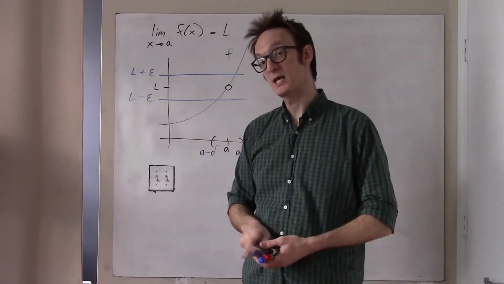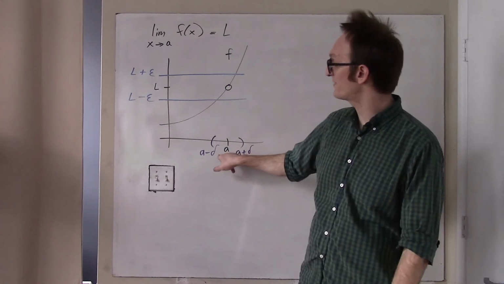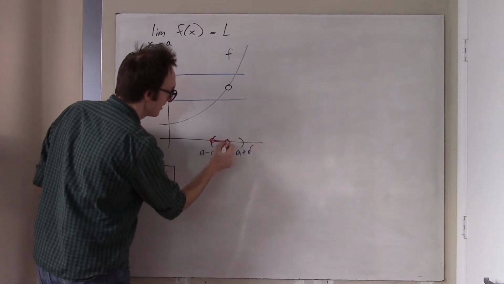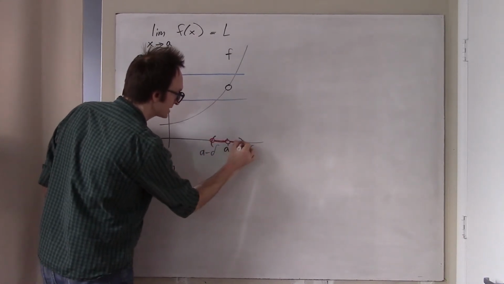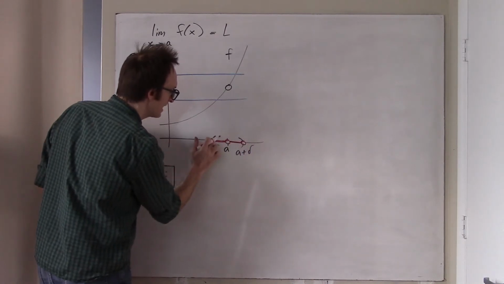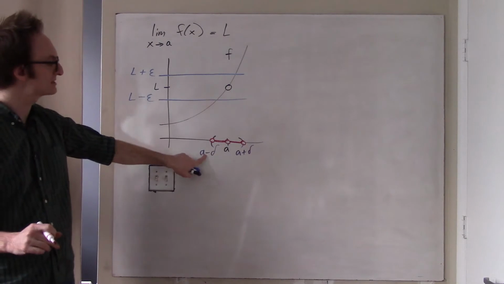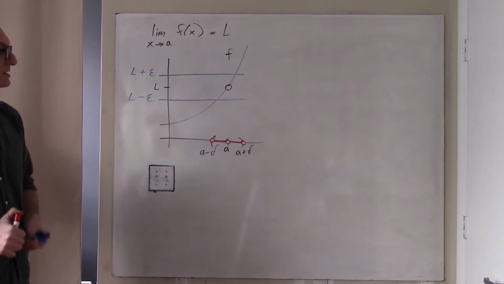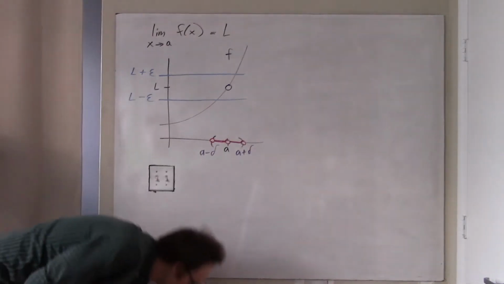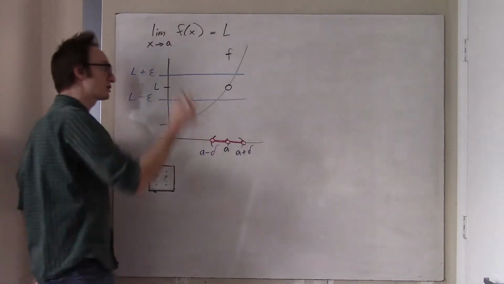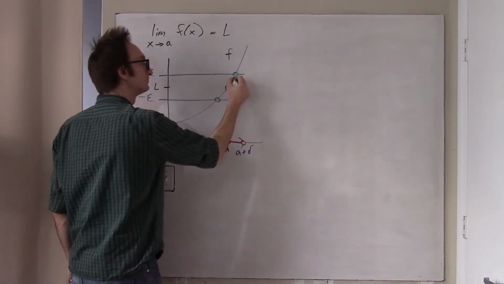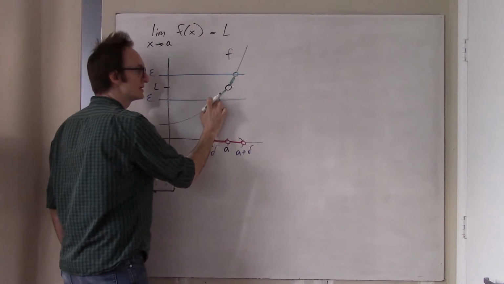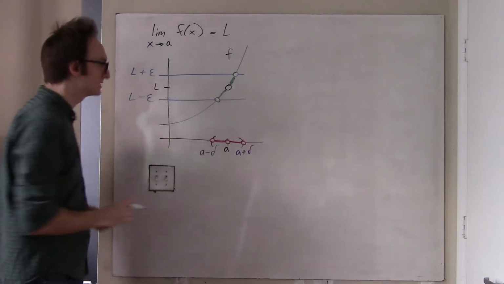And so the idea is that when I plug in any of the x values in this interval, and I will just be clear here that, remember, what's happening at a is not under discussion, but any number that is in between a minus delta and a plus delta, exclusive, not counting a itself, the claim I want to make about all of those x values is that when I plug them into my function, the output lands somewhere between these parallel lines. So here, this satisfies it.